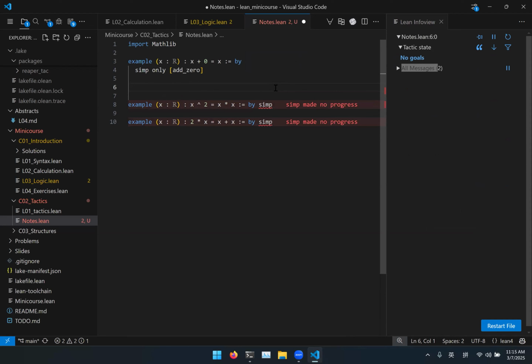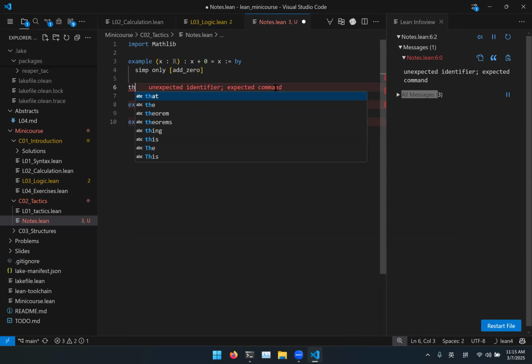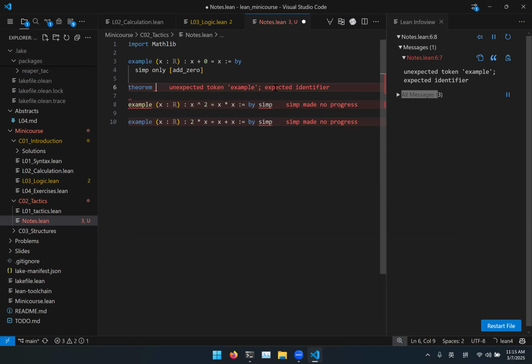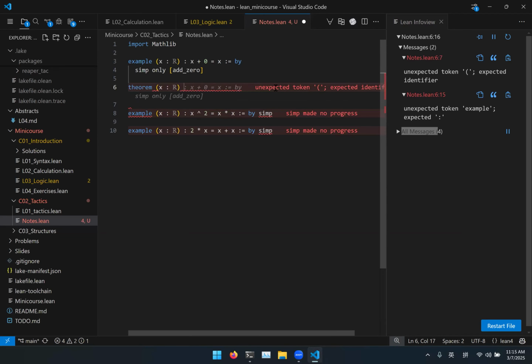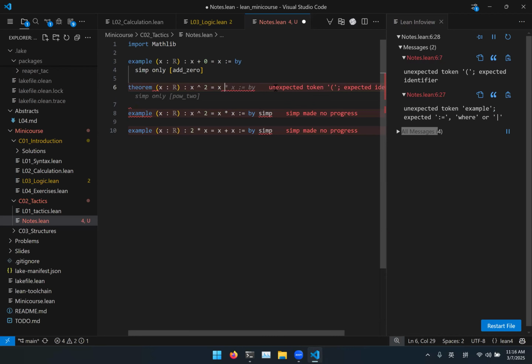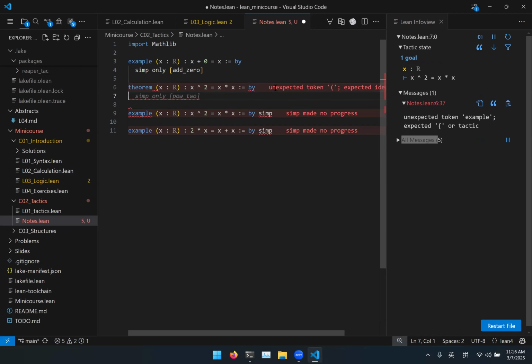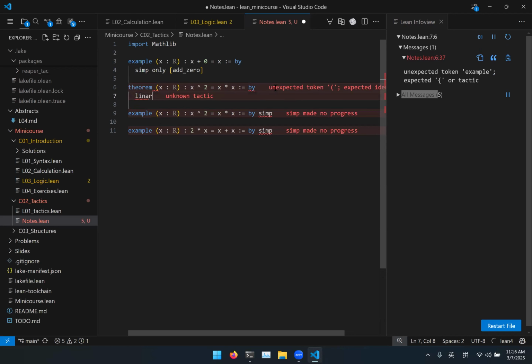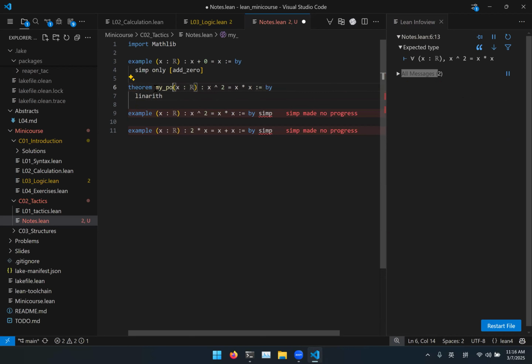The first lemma I want to use is theorem my_pow_2: x^2 equals x multiplied by x. Here we use a different tactic to solve this, for example linarith, and we need to give it a name, for example my_pow_2.